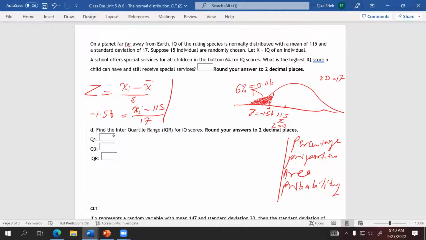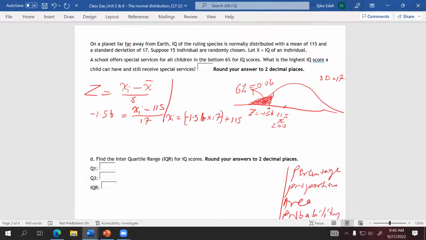If we solve this, we find that x will be equal to negative 1.56 times 17, plus 115. So solving that will give you the data point in that location.